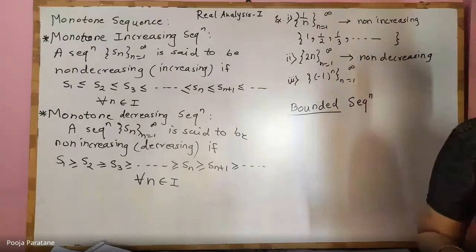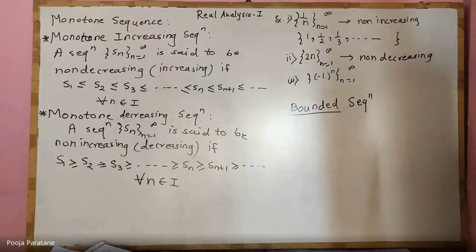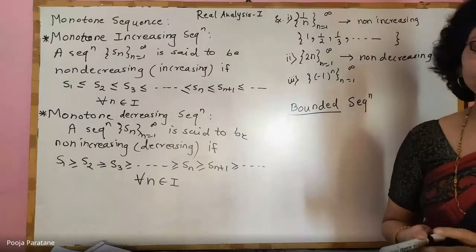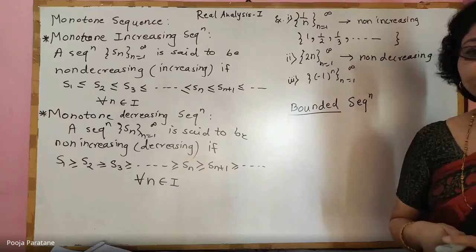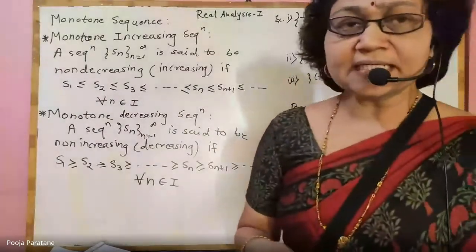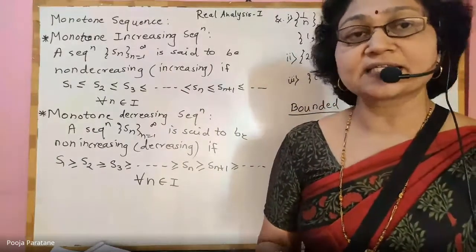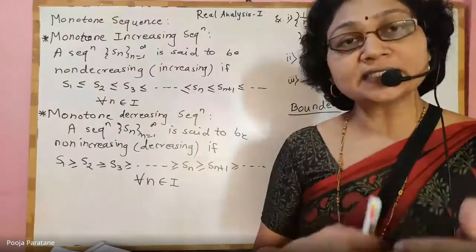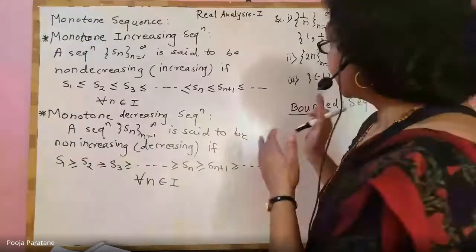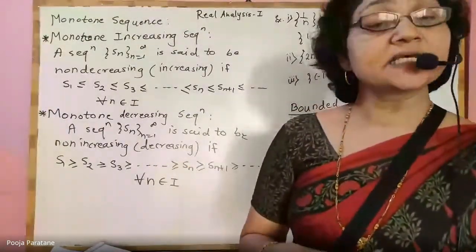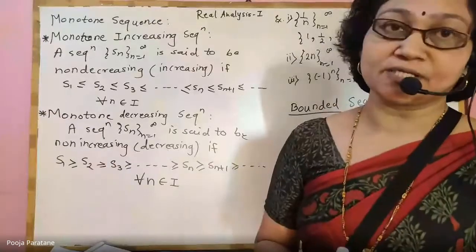The only other method to check whether a sequence is convergent or divergent is the epsilon definition, that is the basic definition: you find a limit and confirm that the limit exists using epsilon. But this is a criterion to check whether the given sequence is convergent or divergent.